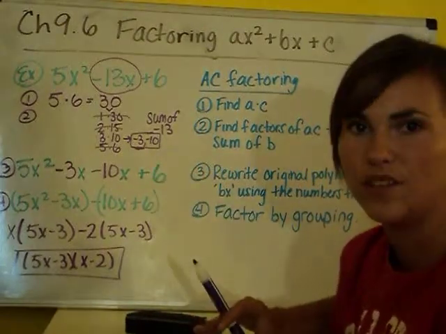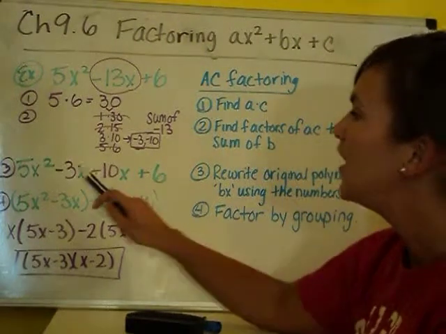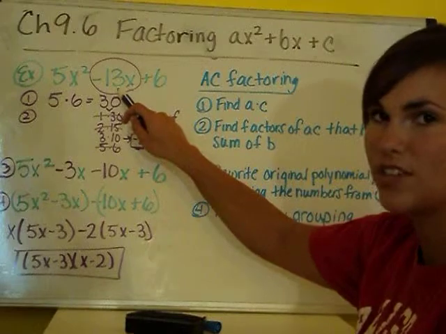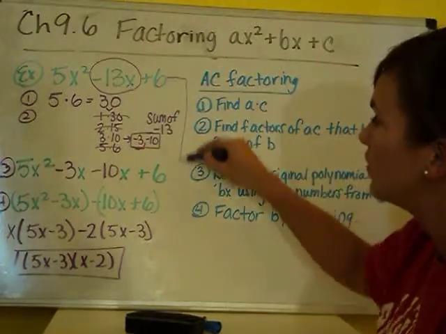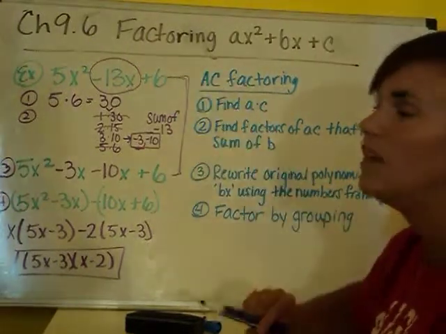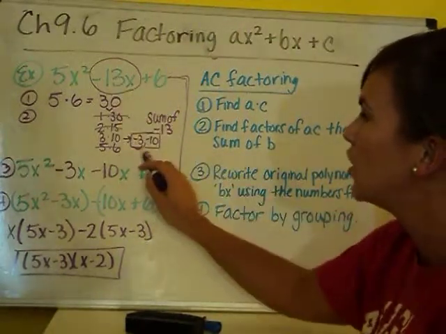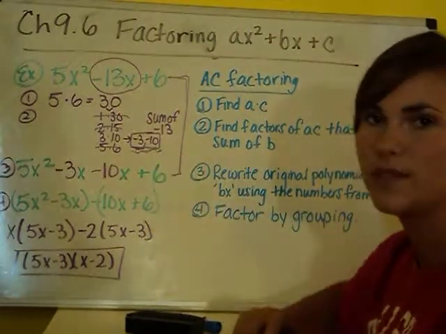Now, why can I do that? Negative 3x and negative 10x, if you add those together, you get negative 13x. Okay, these two are equivalent. They equal the same thing. But we have just expanded this term using the numbers that we found from step 2.